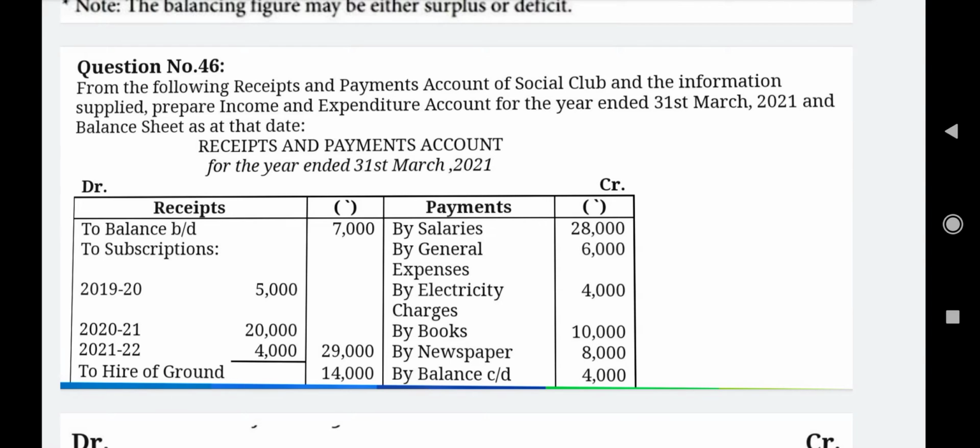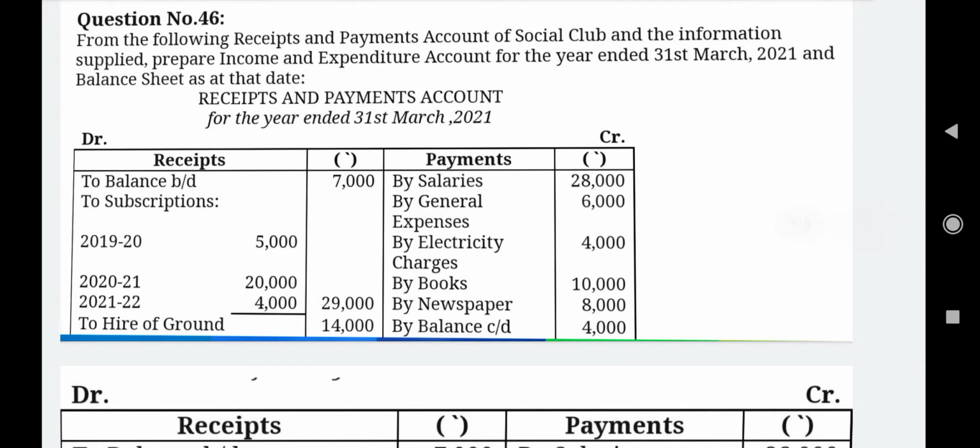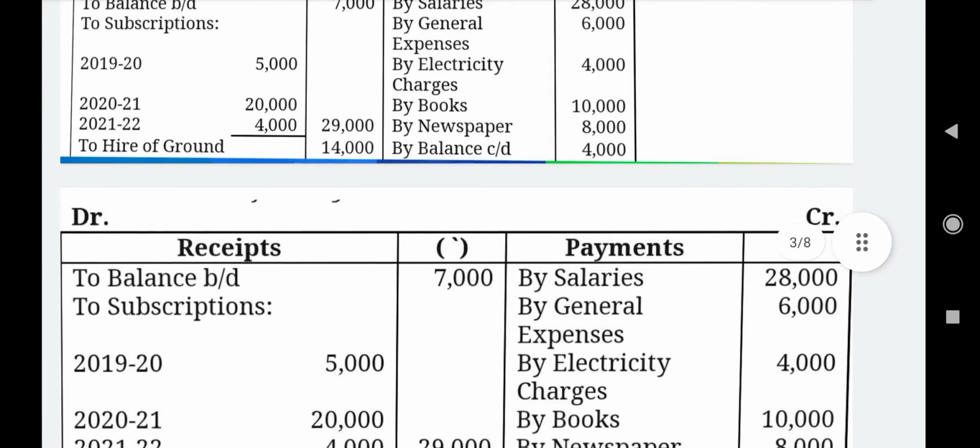In the receipt side you have an opening balance of 7,000, subscription current year 20,000, then 25,000, and 4,000. Hire of ground 14,000.